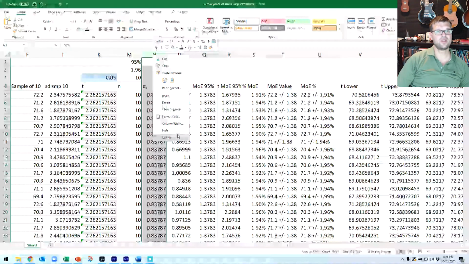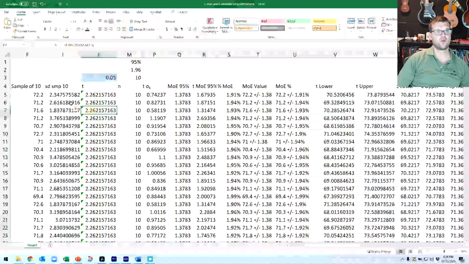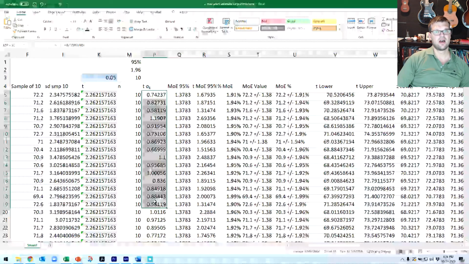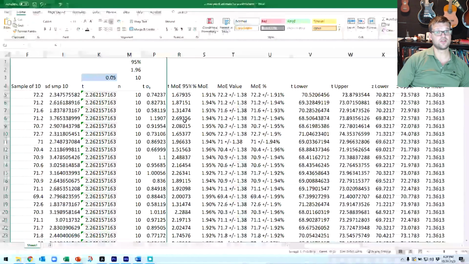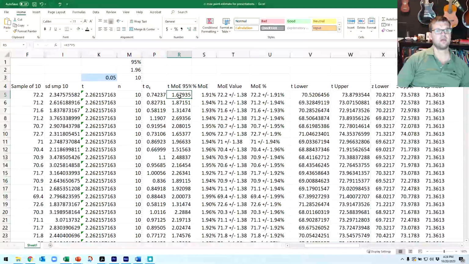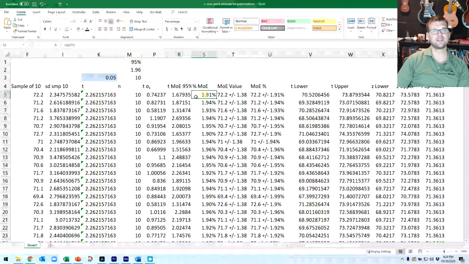So now we have to use the standard deviation for each one of these samples. So each one of the standard errors is going to be slightly different. And so each one of the margin of errors is also going to be slightly different because the standard deviation is different, the standard error is different, the margin of error is different, the percent margin of error is different, everything is different.